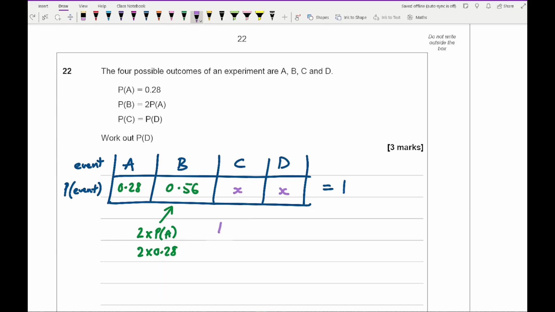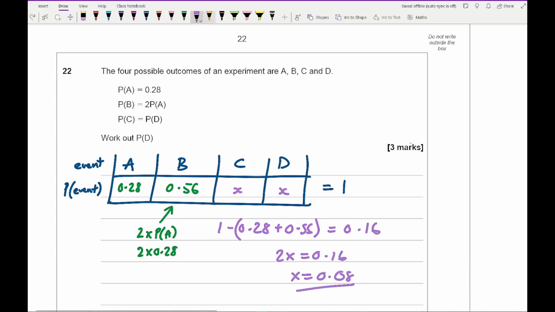So if I do 1 take away 0.28 plus 0.56, it comes to a value of 0.16. So 2x equals 0.16, so 1x is going to equal 0.08. So I can replace those with 0.08 and 0.08.